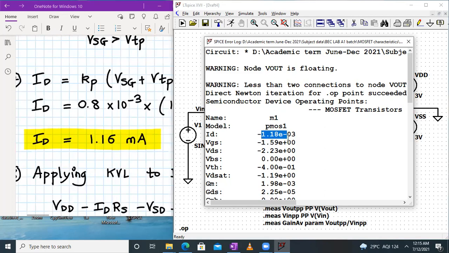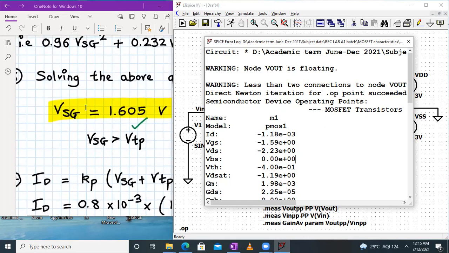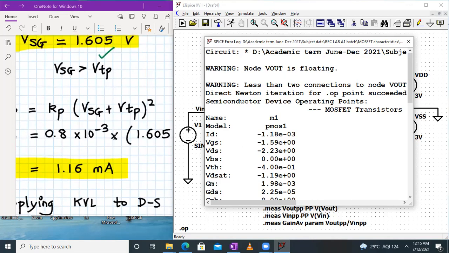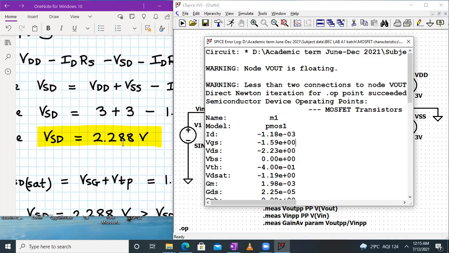So we estimated 1.18 and we are getting 1.16. That's very close. And VSG is 1.605 volt. So here it is VGS, so it will be negative. And here we are getting it as 1.59. That's also very, very close. And then VSD 2.28, and here it is 2.23.